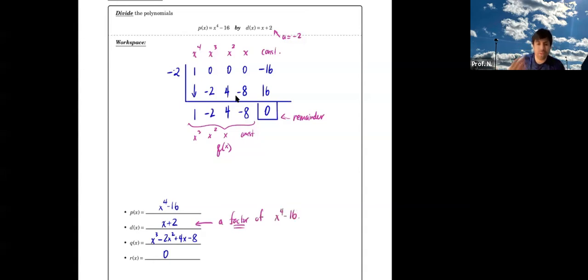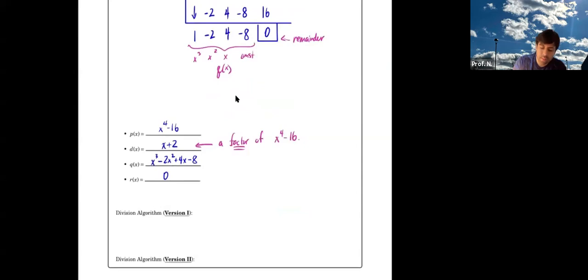So I can actually rewrite x to the 4th minus 16, like I'm going to do now, as a product of two factors. X to the 4th minus 16 can be rewritten as x plus 2 multiplied by x cubed minus 2x squared plus 4x minus 8. I can do this.